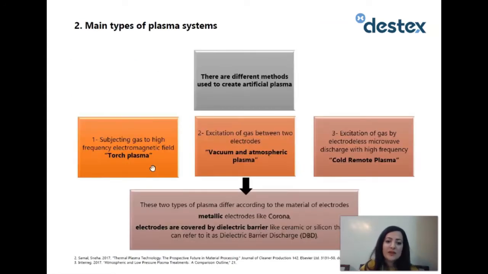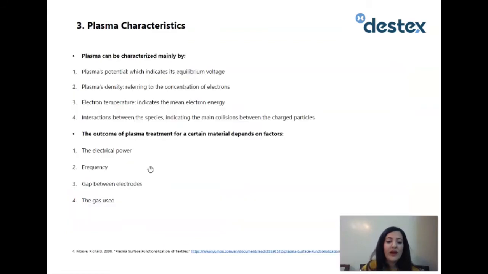The plasma systems nowadays differ according to the method we use to create this ionized gas, and they include torch plasma, vacuum plasma, atmospheric pressure plasma, and cold plasma. We can also have good control over the parameters of the process in plasma treatment by changing the frequency, the gap between the electrodes, and the gas used.